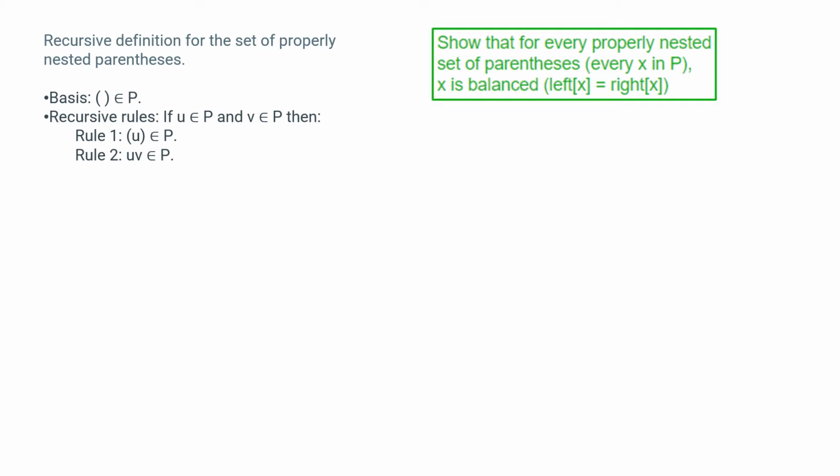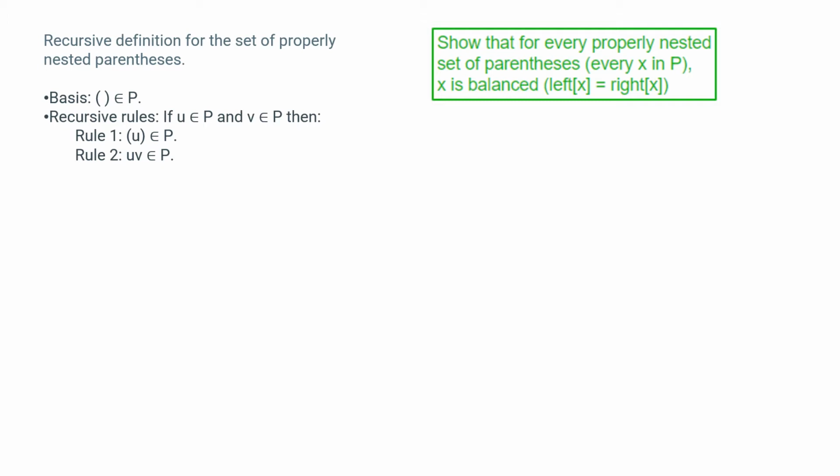Then rule 1 says if we start with, let's just talk about U, which again is already known to be in P, and we put parentheses around it, a left parenthesis on the left, a right parenthesis on the right, then that also would be an element of P, and it would be properly nested. Rule 2 says if we start with U and V both being properly nested, then if we put them together, just concatenate them with nothing in between, then that also is in P.